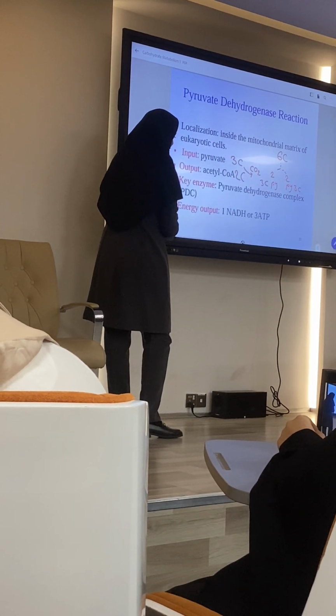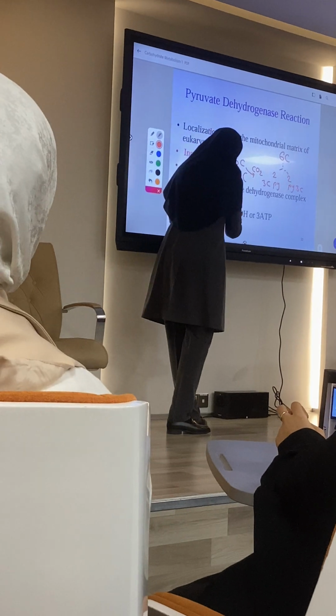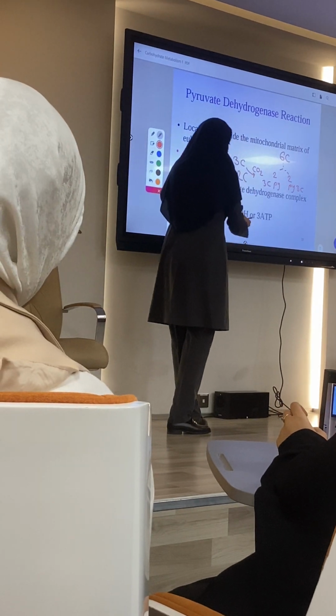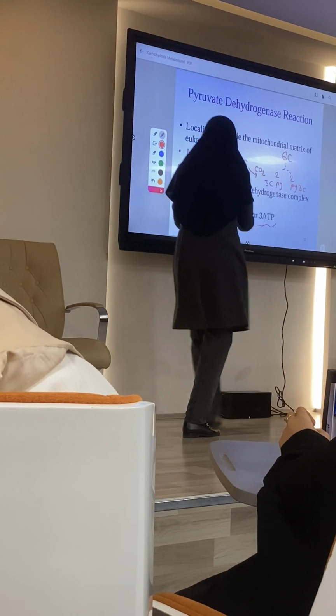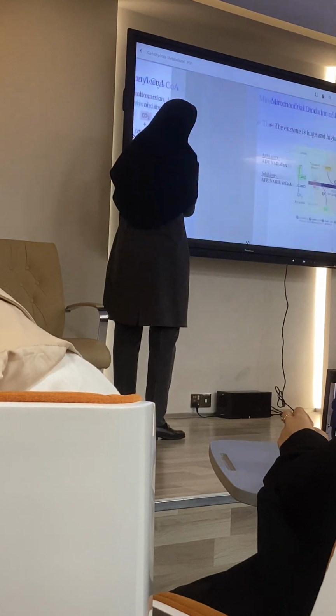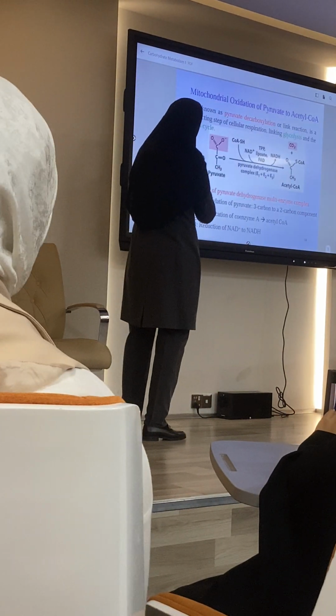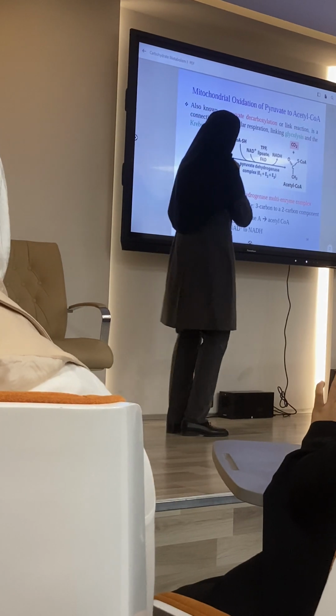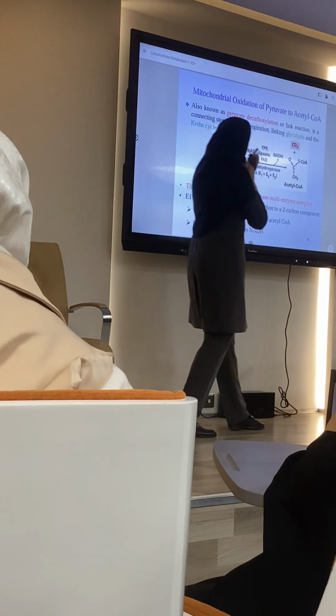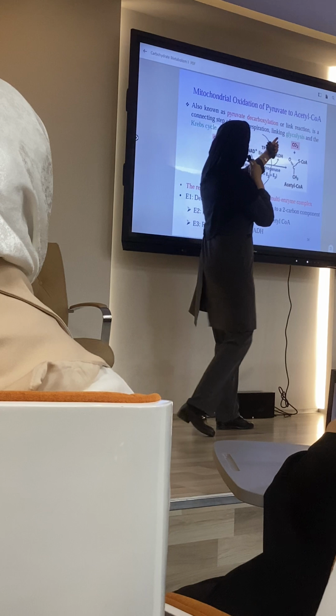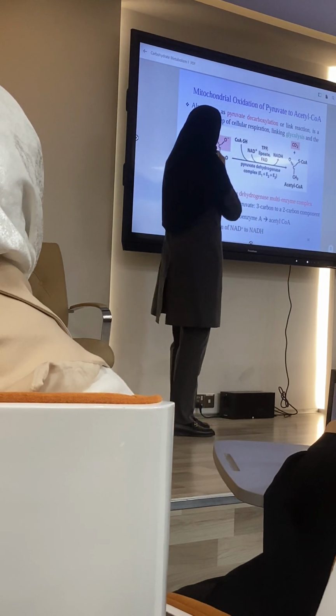And what is the energy output? 1 NADH produced, or 3 ATP produced. This is the conversion of pyruvate to acetyl-CoA. As I mentioned, this is the link between glycolysis and the Krebs cycle.